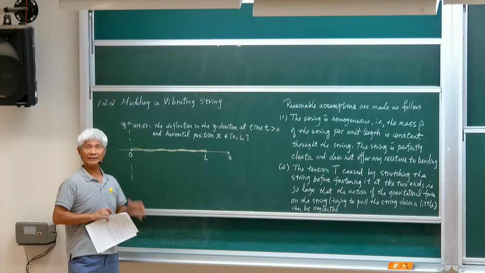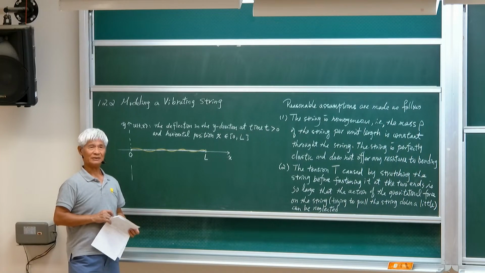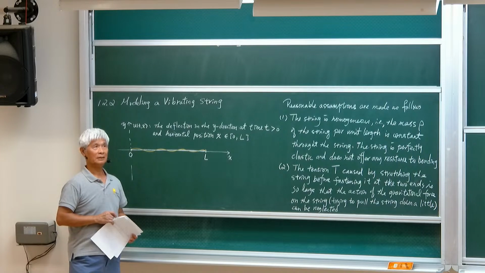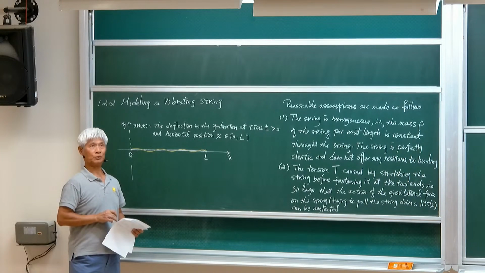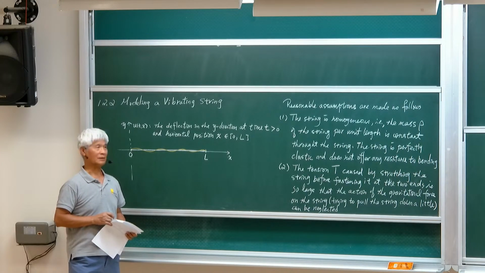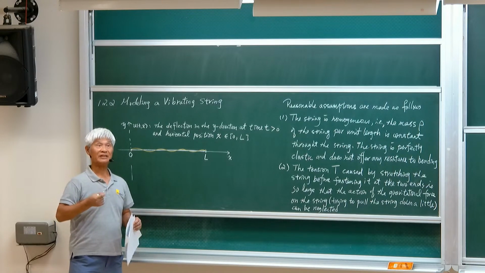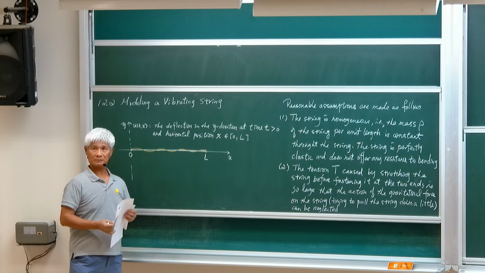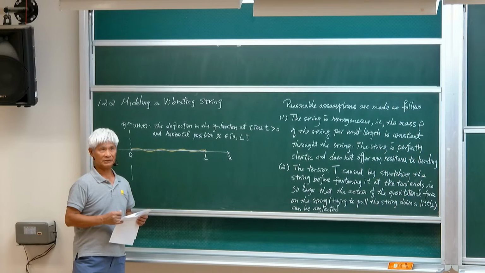If you have any experience with any string musical instrument like a violin or guitar, or some traditional Chinese musical instrument like the erhu, you see that you have to fasten the string. Otherwise there is no vibration.